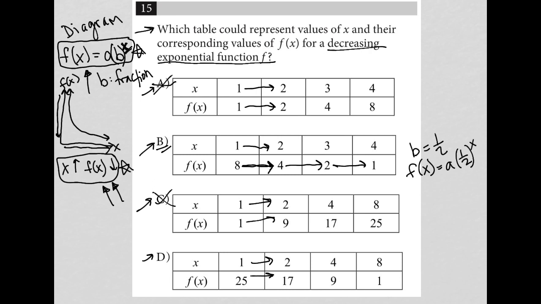Choice D, from 25 to 17, I'm not multiplying by anything to get there, not consistently at least. Obviously, I could multiply by something to get from 25 to 17, but it wouldn't be the same value that I multiply by to get from 17 to 9 or 9 to 1. In fact, what I noticed is this is just subtraction, right? 25 minus 8 is 17. 17 minus 8 is 9, and 9 minus 8 is 1.